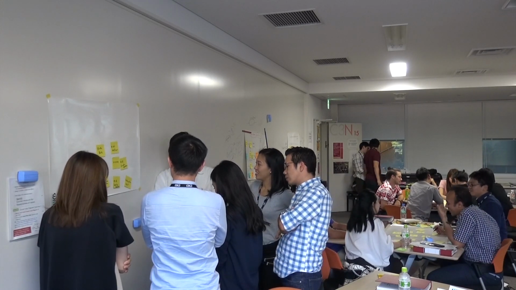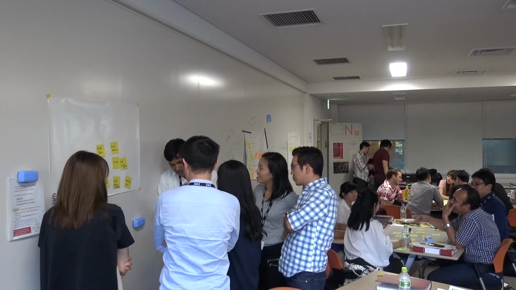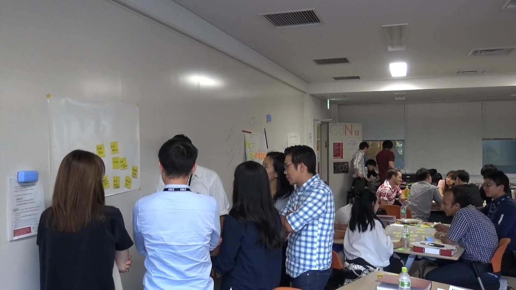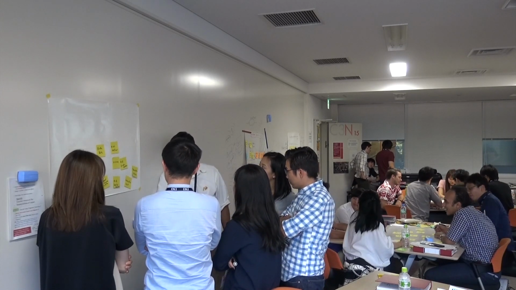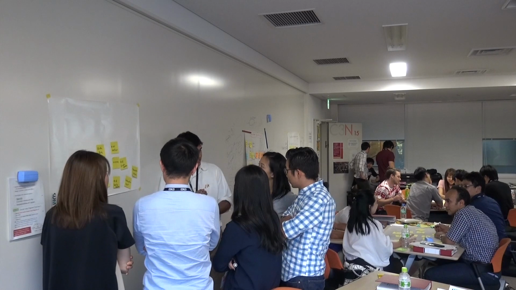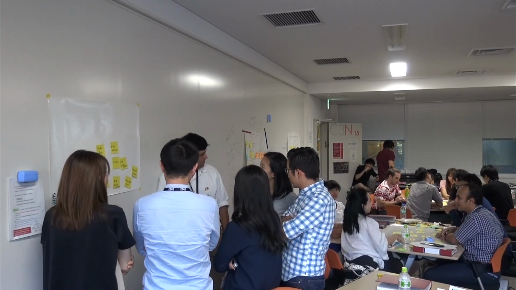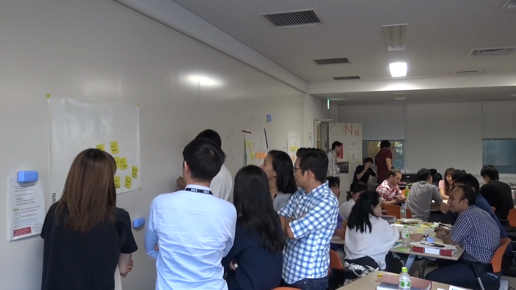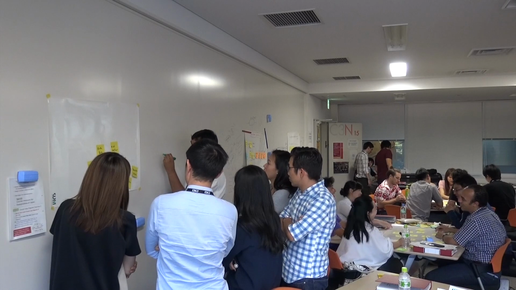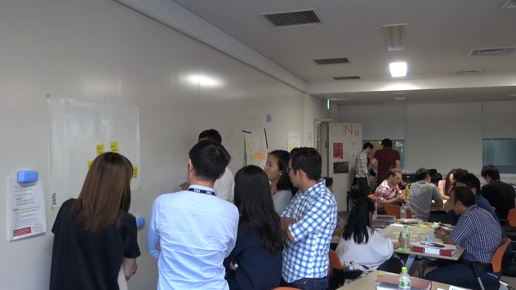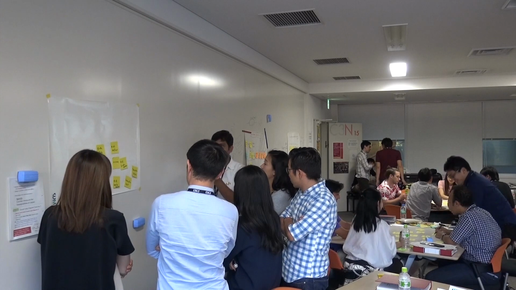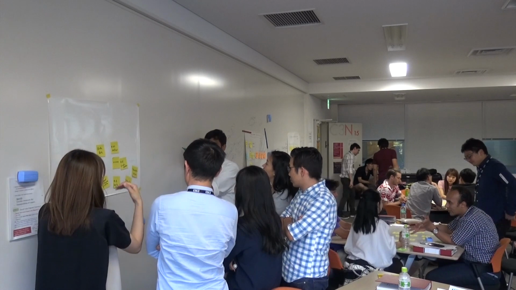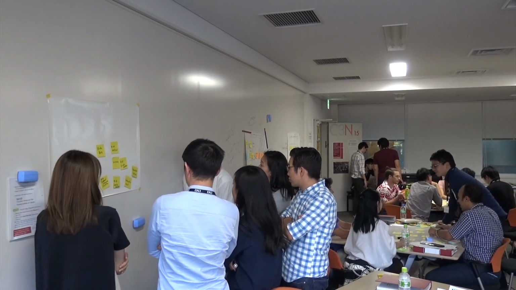My kindergarten kid, I'm paying 120,000 yen for kindergarten for one year. Per year. Sorry, per month, I'll go back. That's kindergarten, mind you. So 120,000 yen per month, for kindergarten.